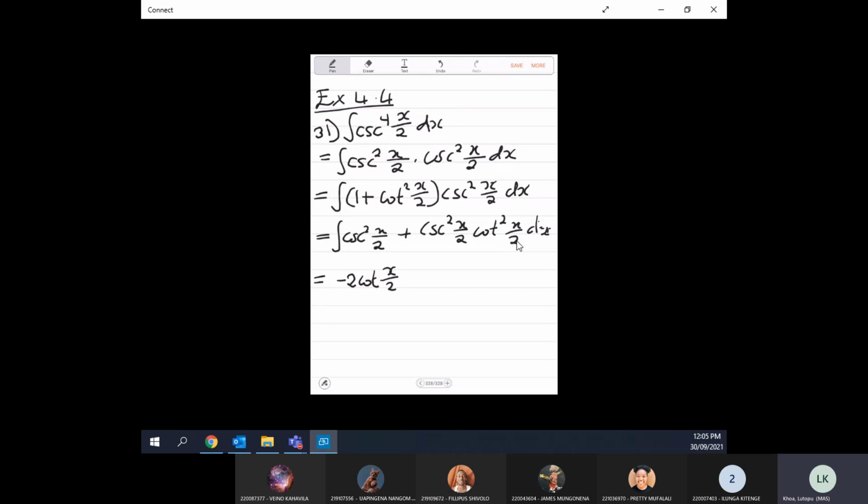And then we also divide by a half, which is multiplying by 2. So we're then multiplying by 2 over 3 and negative as well. So it's negative 2 over 3 cot to the power of 3 of x over 2. And then we add our constant of integration.